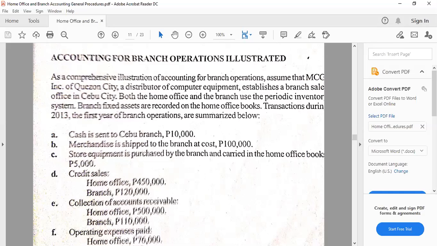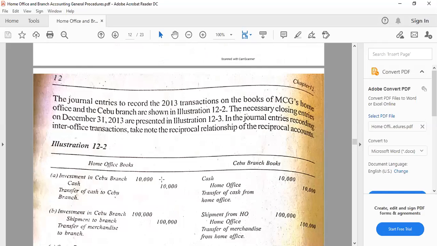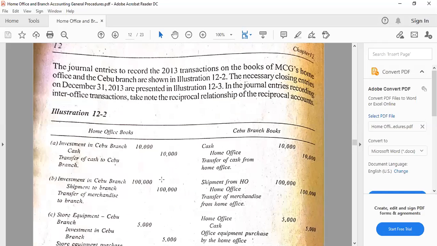So if we notice letter A, cash is sent to Cebu branch, that's 10,000. Basically, that's clearly home office sending money to the branch. So that's an intercompany transaction. So let's look here. We have the two columns. So we have to prepare the two respective columns for the books so as to make our illustration much better.